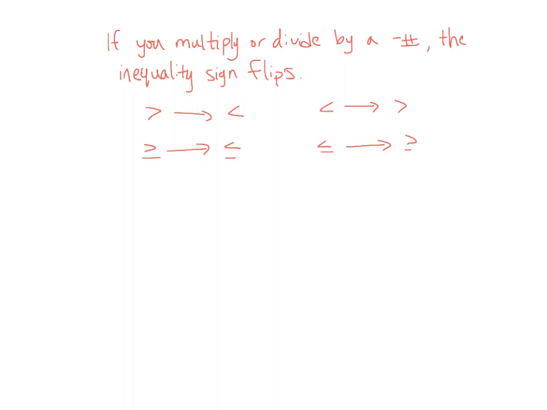So basically, if you have a negative variable, okay? If you just have 4x is less than negative 24 and you divide by 4, you would have x is less than negative 6. That is fine. We did not divide or multiply by a negative number.